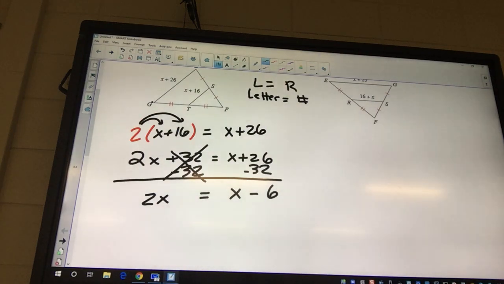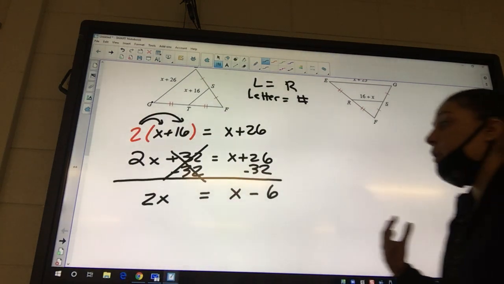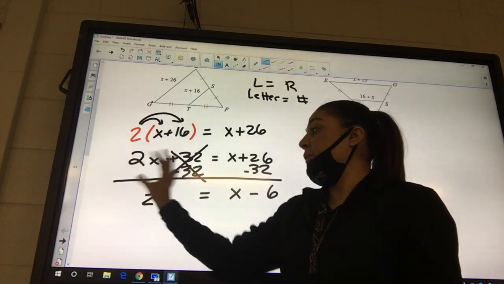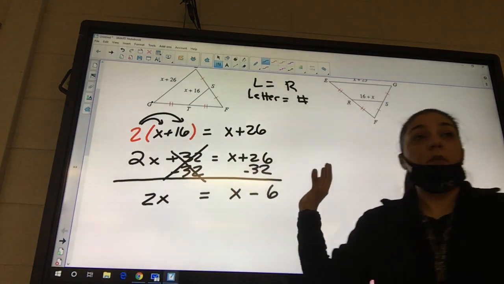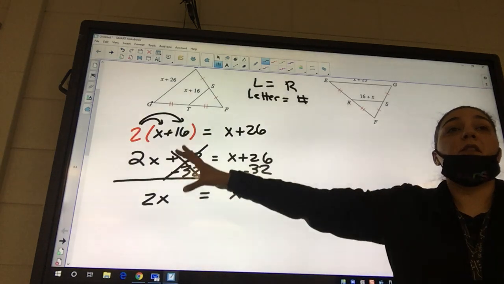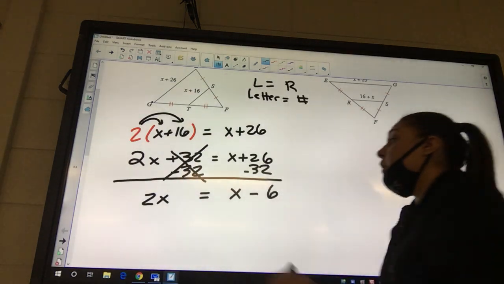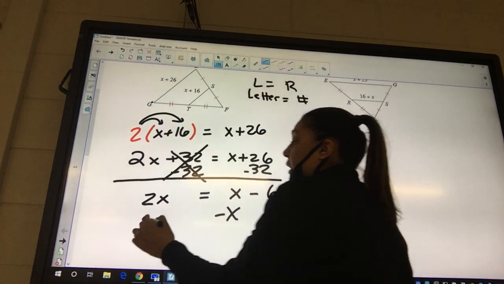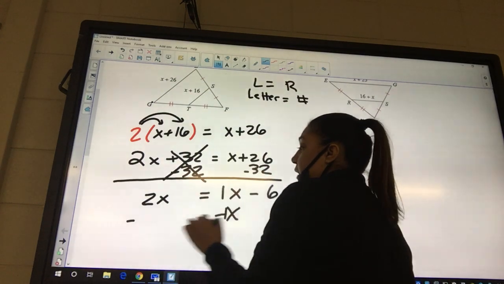Okay? So are all of our letters on the left and all of our numbers on the right? Not a trick question. Are there? No, there's not. So this x also needs moved. You should be moving x's over and numbers over this way. So you're going to say minus x, and you can put minus 1x. It's the same thing.